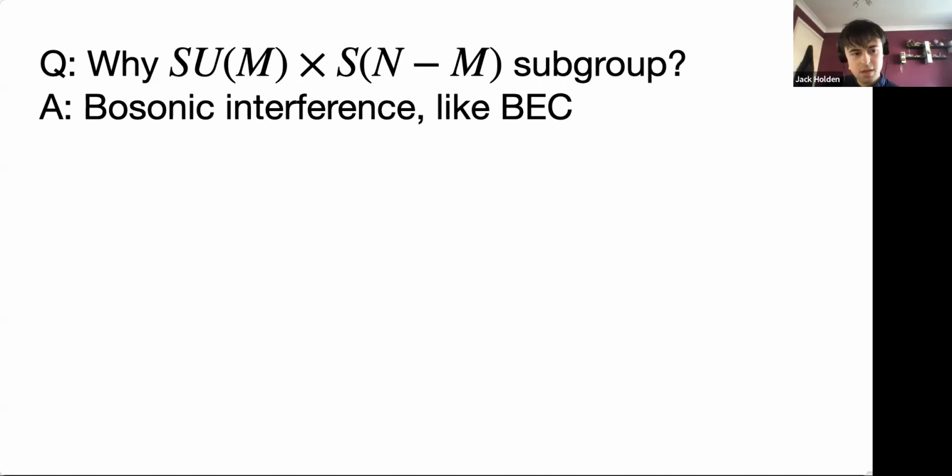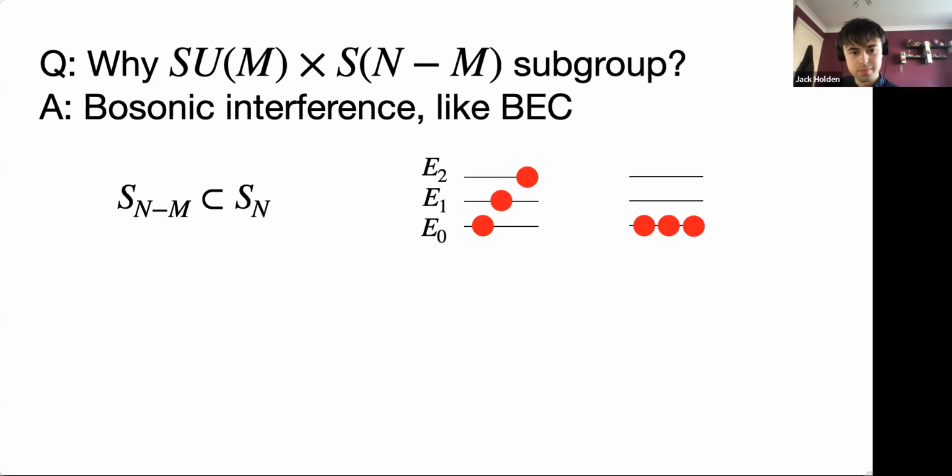The reason for the SU(N−M) subgroup is the same reason that a condensate forms in a Bose-Einstein condensate. The confined phase is analogous to the Bose-Einstein ground state, and it's enhanced because of the SU(N−M) gauge symmetry.